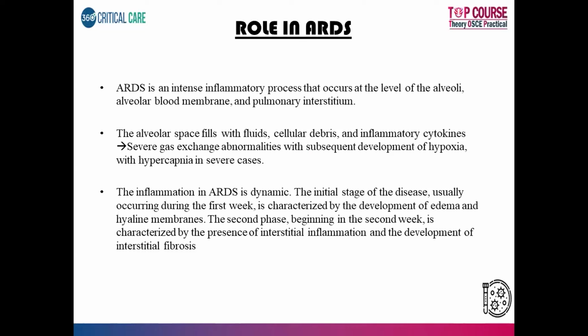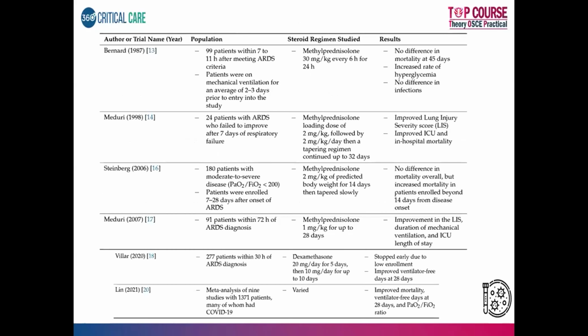We have to remember that the inflammation in ARDS is dynamic. It changes very rapidly. In the initial phases of the disease, it is characterized by the development of edema and hyaline membrane formation, whereas in the second week, it is characterized by interstitial inflammation and development of interstitial fibrosis.